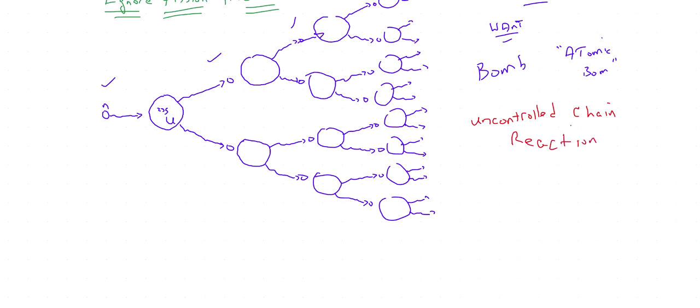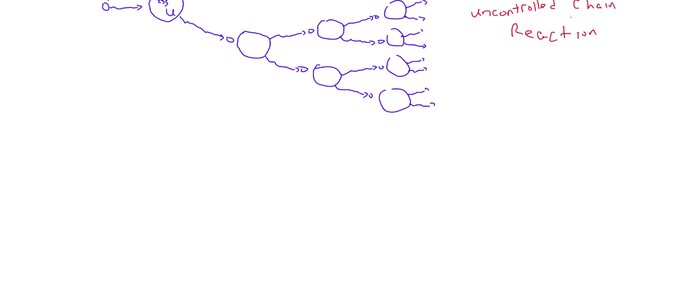Okay, well, I'm going to redraw this picture. Again, we're going to ignore the fission products. Okay, and I'm going to redraw it this way. There's my neutron coming in. There's my uranium-235. There's one neutron coming out, another neutron coming out, and there's another uranium.